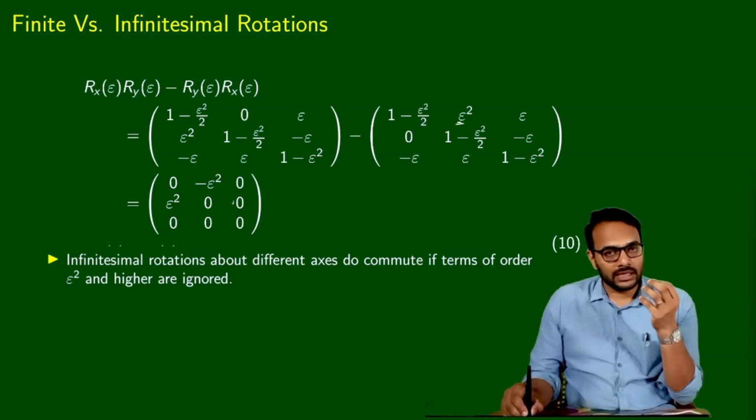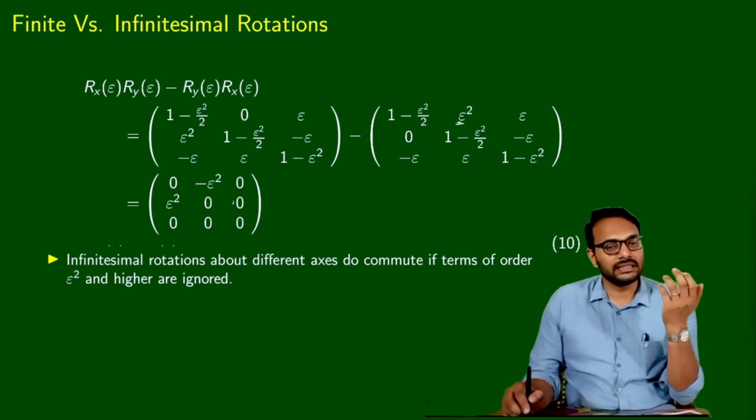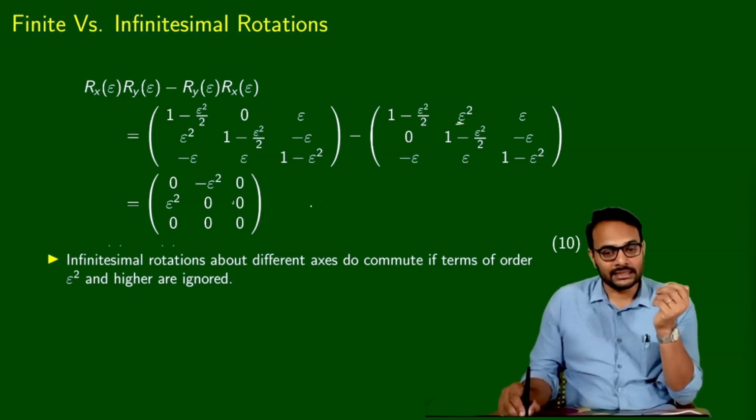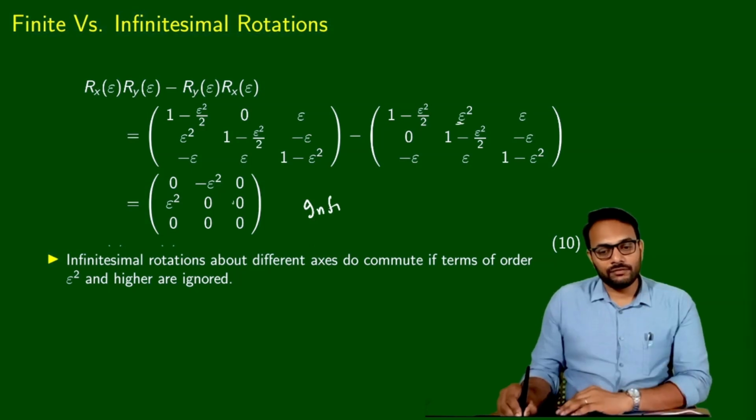If you had chosen to keep only terms up to first order in epsilon, then the epsilon square term would be neglected and this matrix would be the 0 matrix, which means that infinitesimal rotations do commute. Infinitesimal rotations about different axes do commute.